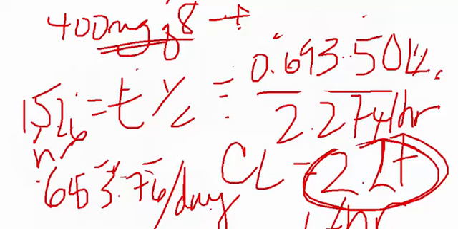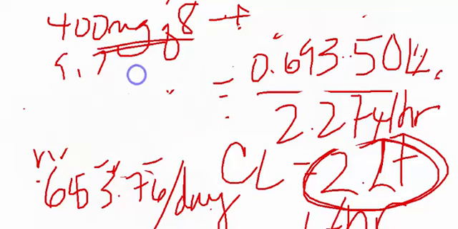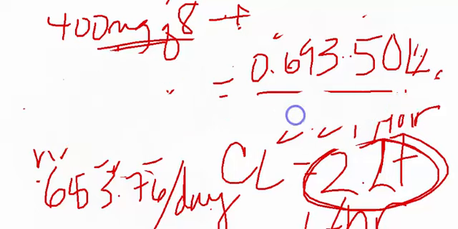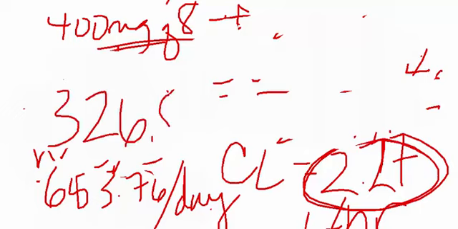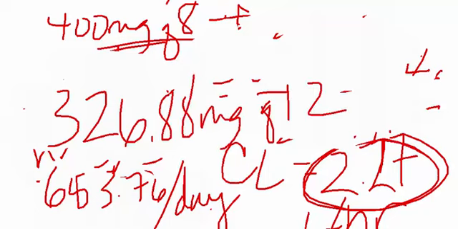So yeah, I'm going to change this to Q12 because it's going to be easier for our patient to take it twice a day rather than 3 times a day. So we're going to divide 653.76 in 2, aren't we? 653.76 divided by 2 is 326.88 milligrams Q12.